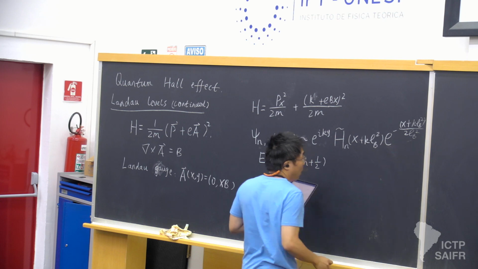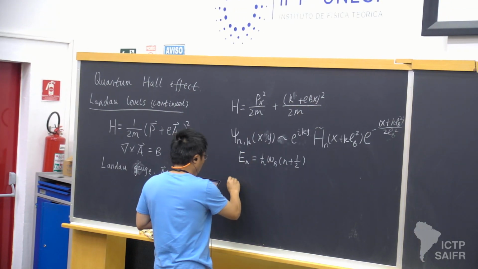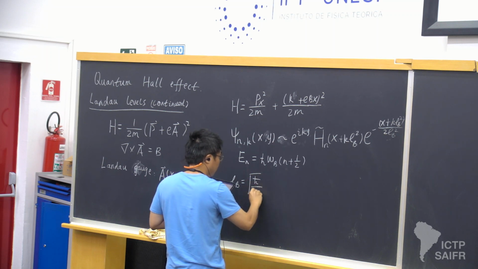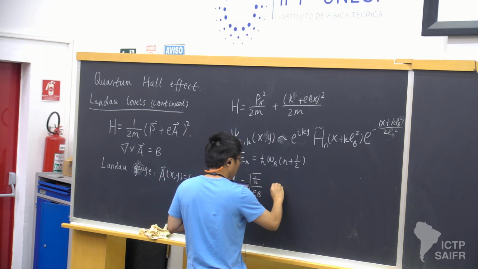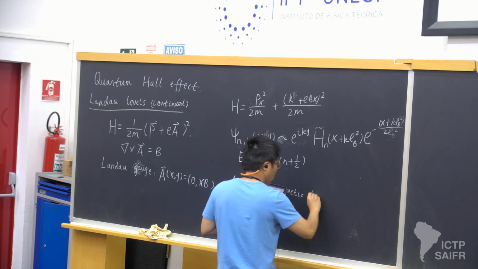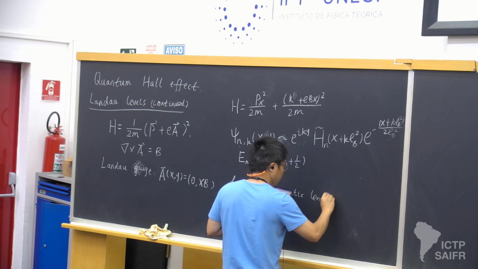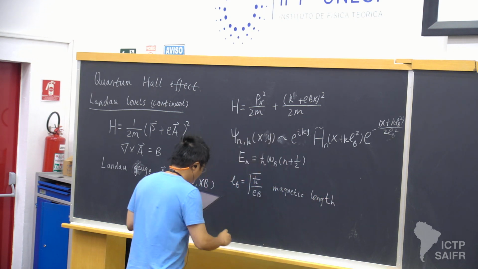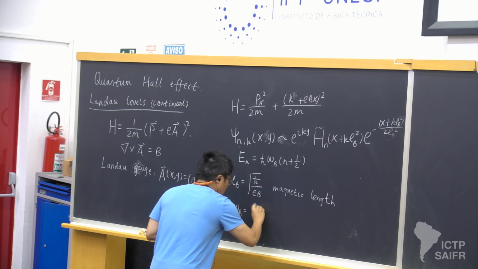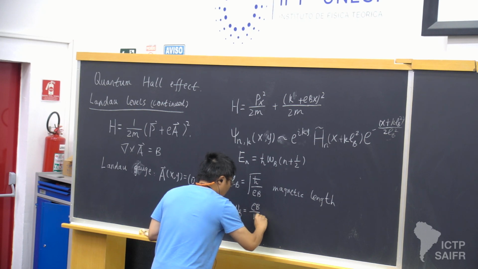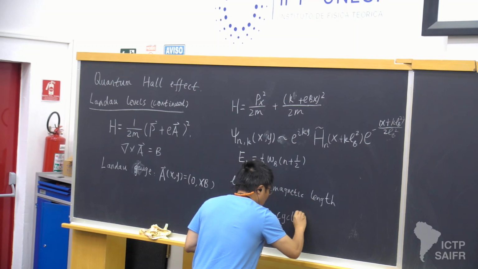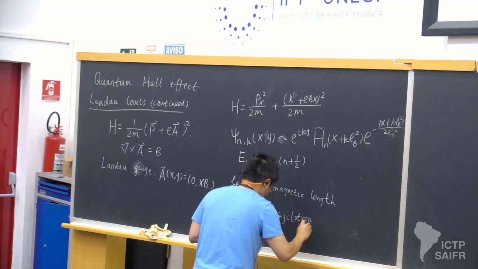One is this magnetic length. And the other quantity is omega_B, that is eB over m, that is called the cyclotron frequency.